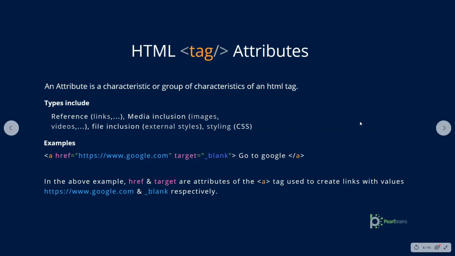In the above example, href and target are attributes of the anchor tag that are used to create links, with values google.com and blank respectively. What you see in pink, I think, is the attribute, the blue is the attribute value, and the orange is the tag.